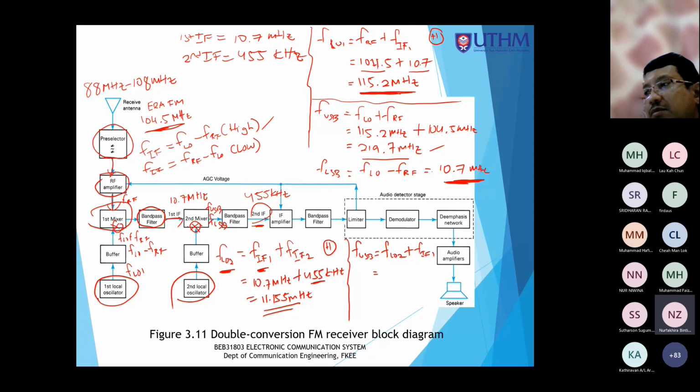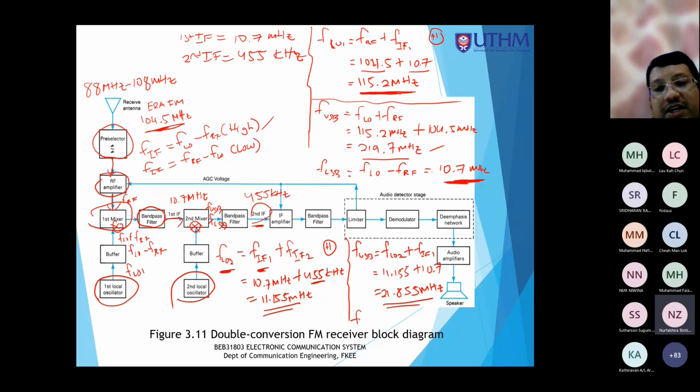Remember why I do this: because a mixer will have upper and lower. We already know the lower, which is 455. We want to find the upper frequency, which is 11.155 megahertz plus 10.7, so we produce 21.855 megahertz. This is the upper sideband produced by the second mixer.